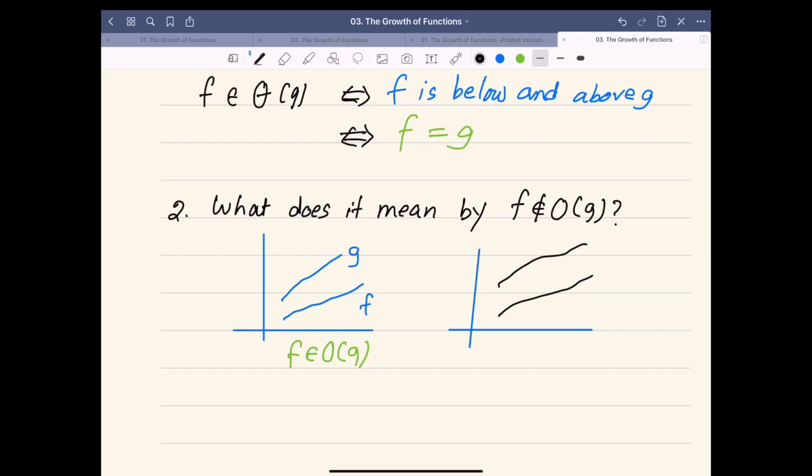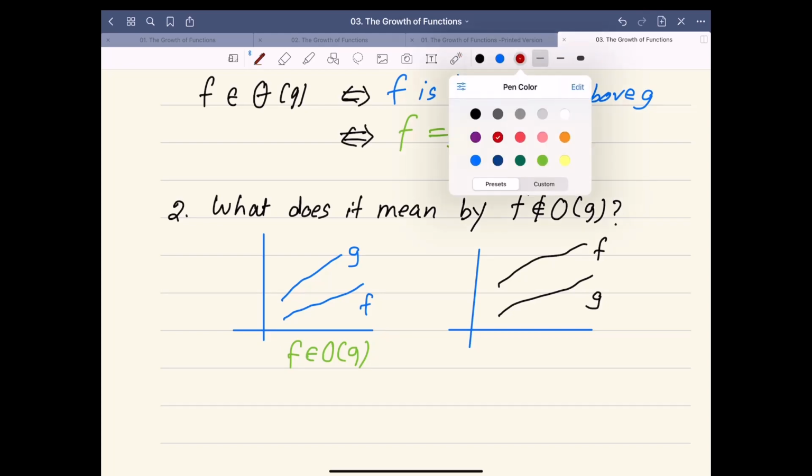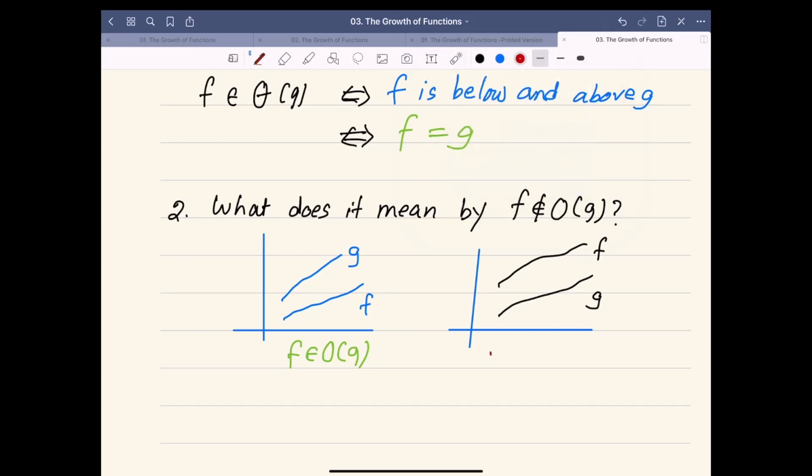Here in this case, we write g is below f, because we say that f is not below g. From this graph, we can have two conclusions. The first: if we look from f down to g, we say that f belongs to big omega of g.